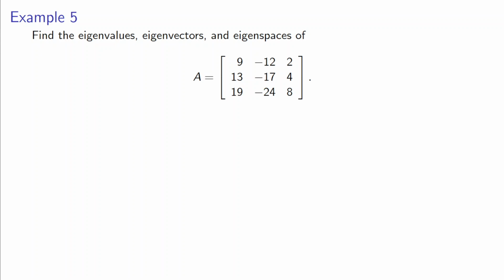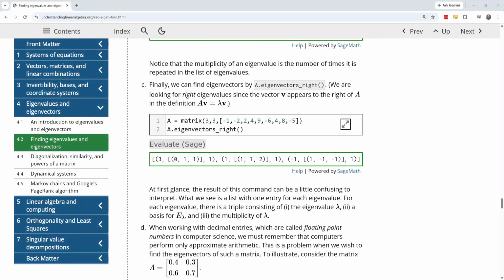But for our purposes, hopefully you get the idea. We're looking for the roots of the determinant of A minus lambda I. The nitty gritty we can leave to the computer, or if you're in the mood, you can do it. So let's jump back to the computer and take a look at this one.